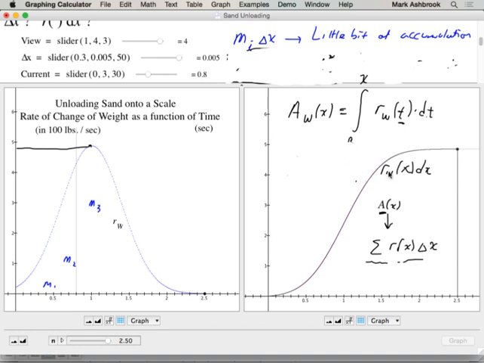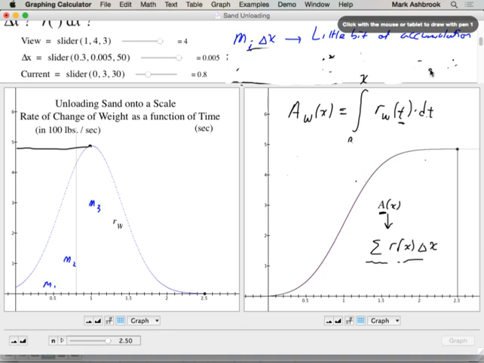All right, so whether it's the approximate accumulation function down here or the exact accumulation function, what's the underlying principle of this? Adding rates of change times a small change in x. Okay. Adding them up.